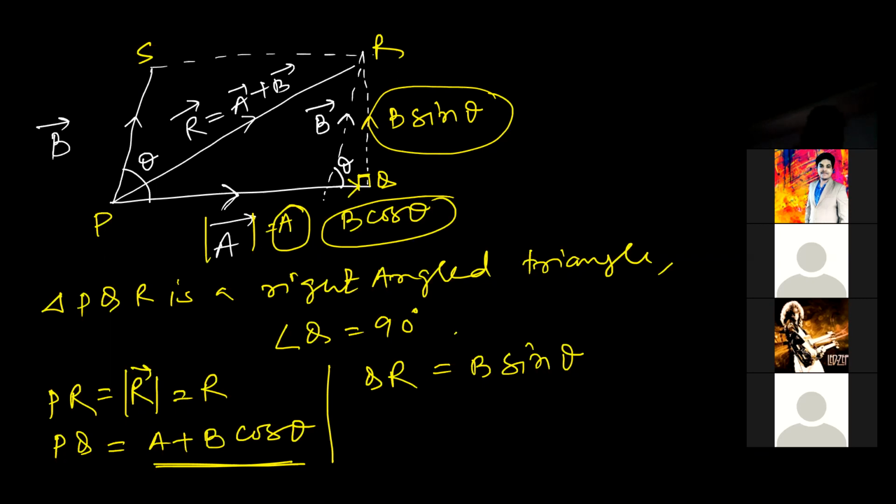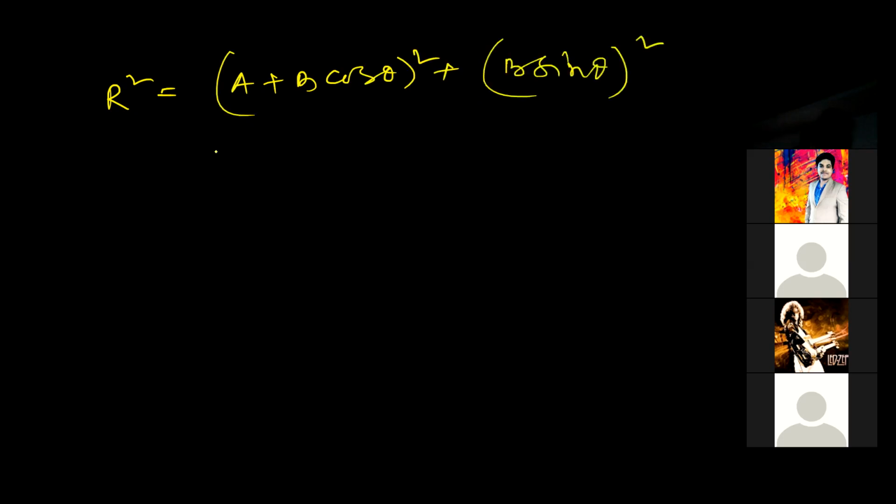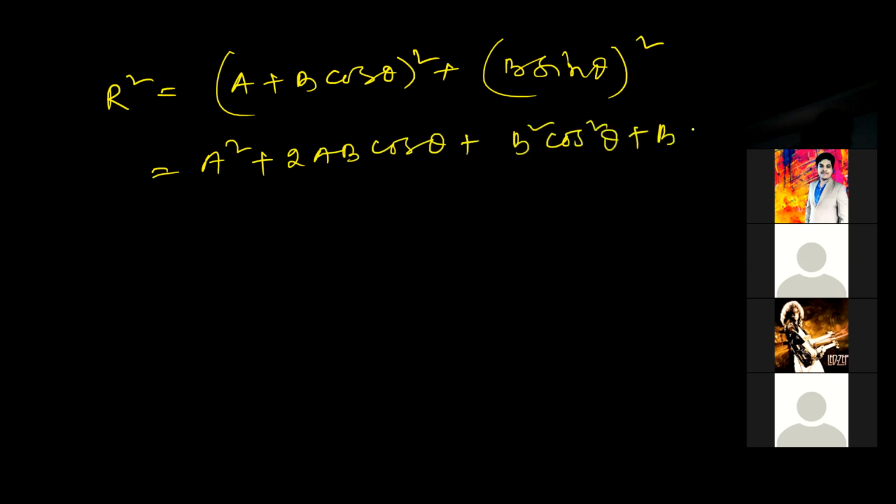Now we are applying the Pythagoras theorem. So I can say that R square is equal to A plus B cos theta, that whole square, plus B sine theta, that whole square. So it will be A square plus 2AB cos theta plus B square cos square theta plus B square sine square theta.